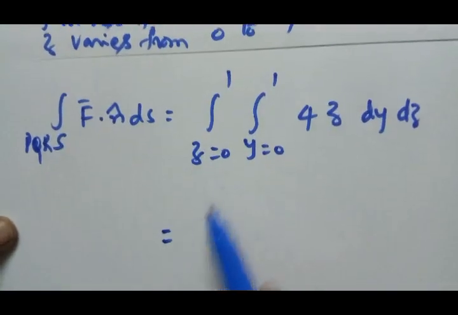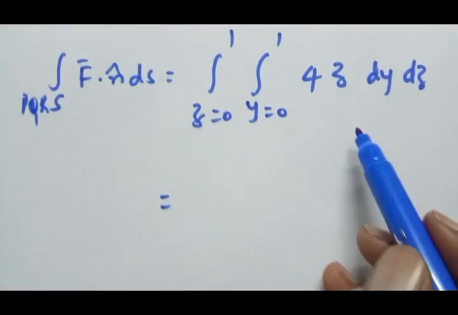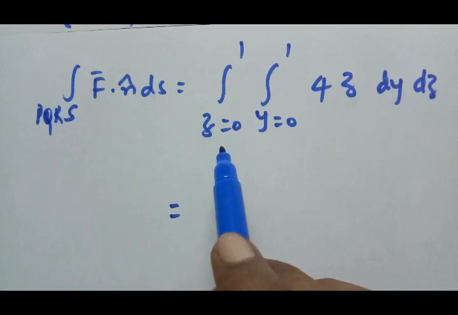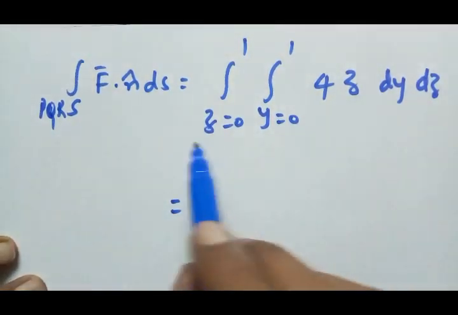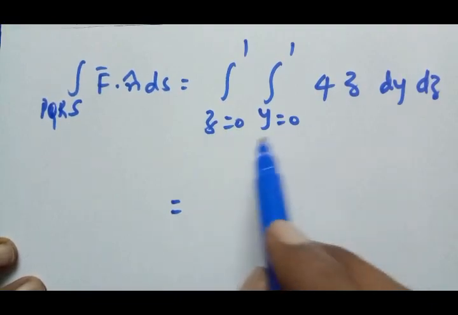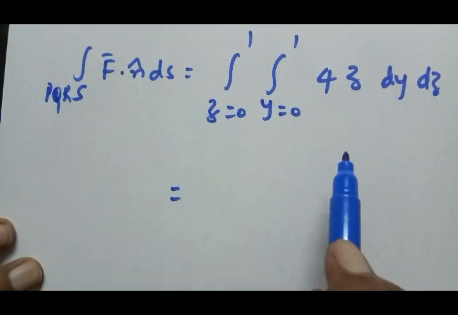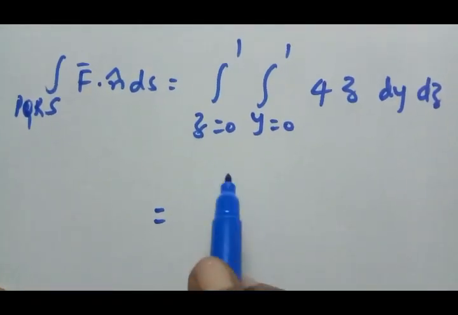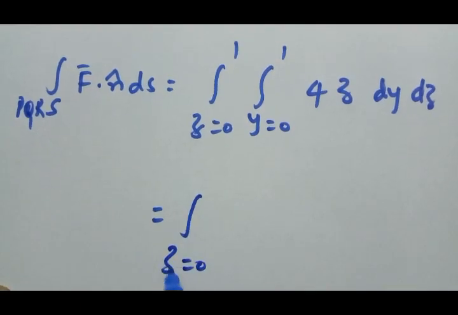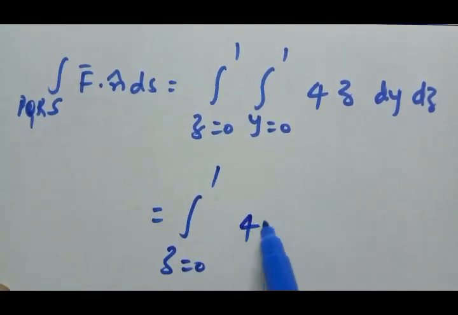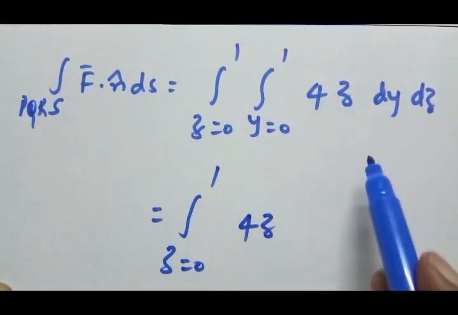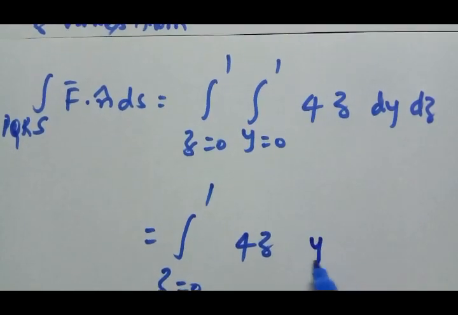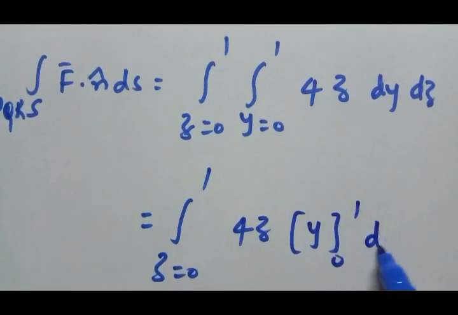Therefore this can be integrated with respect to either y or z. Since both the limits are constants, you can integrate with respect to y first and z next, or z first and y next. Any order you follow, you get the same answer. 4z is a constant, so integrating with respect to y, 1 integrates to y, limits 0 to 1, dz.